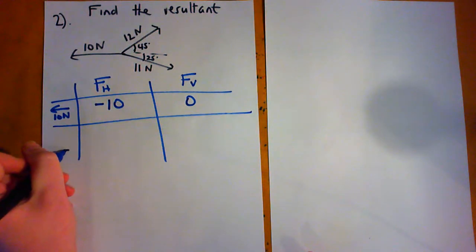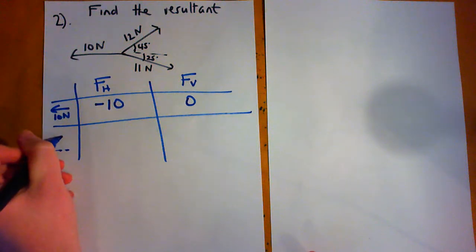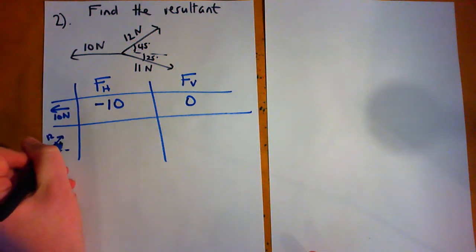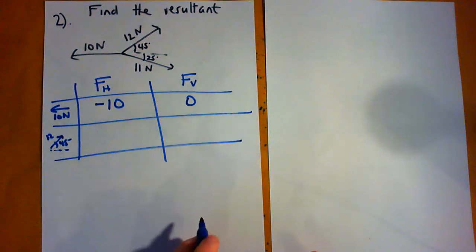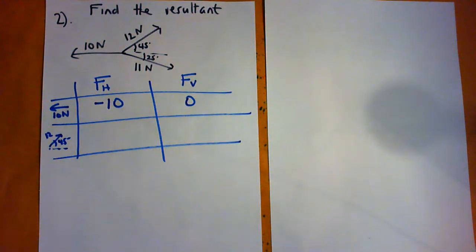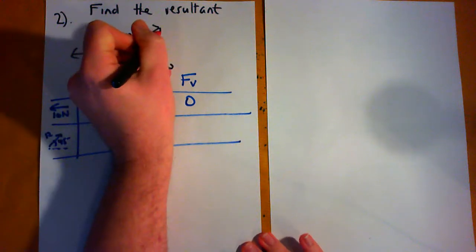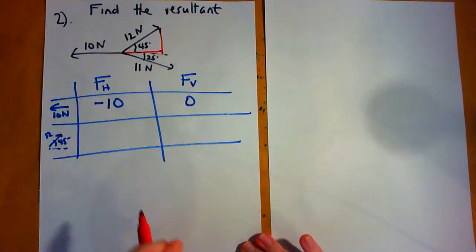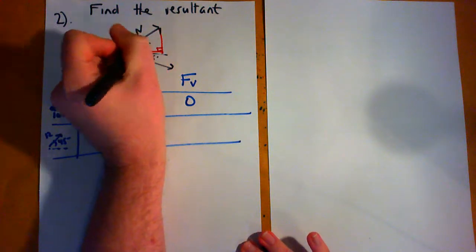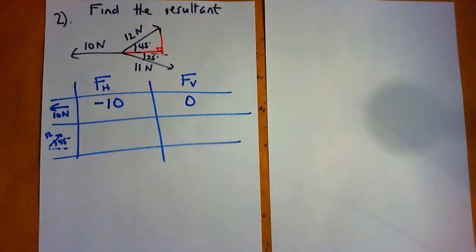We also have a 12 Newton force 45 degrees above the horizontal. So we need to work in terms of a right triangle. If we have a force acting at an angle, we're always trying to get a right triangle out of the situation.